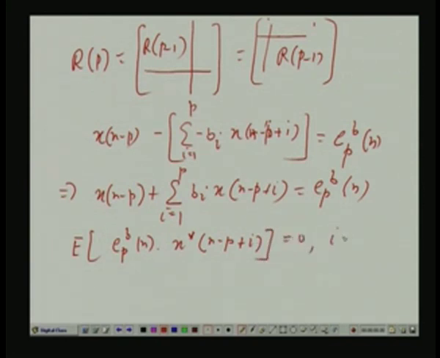You start at i equal to p, go backward, p minus 1, up to 1. If I do that, you can see one thing. Suppose I put i equal to p, it is x star n. If you put x star n, what do you have?